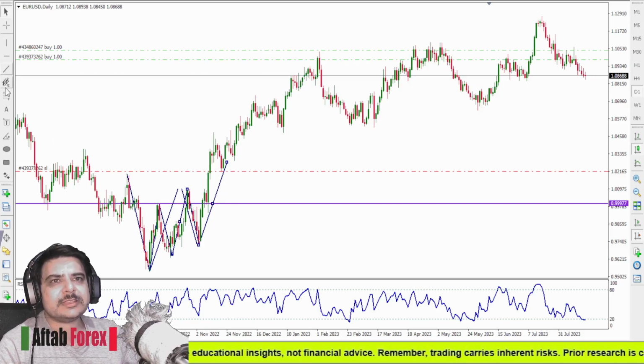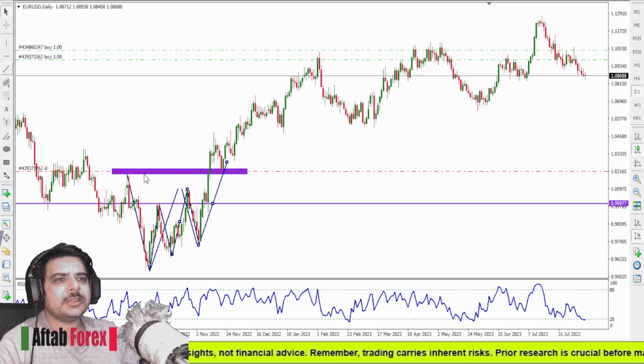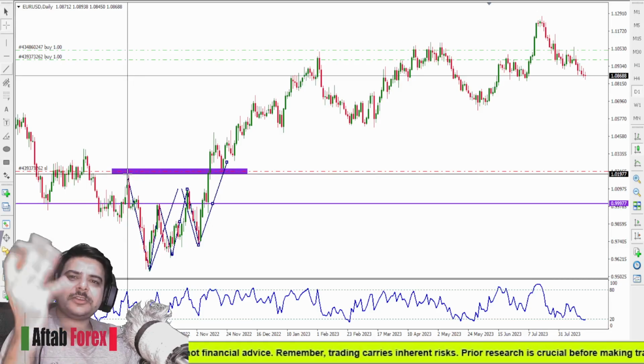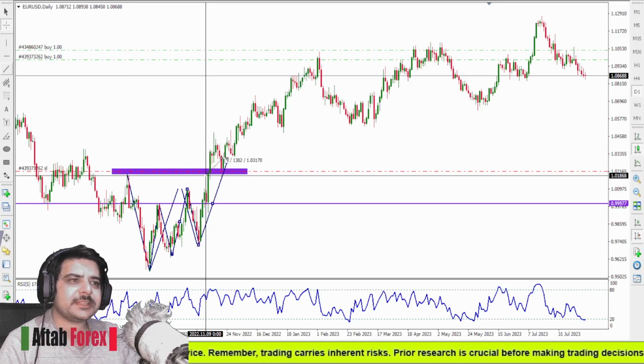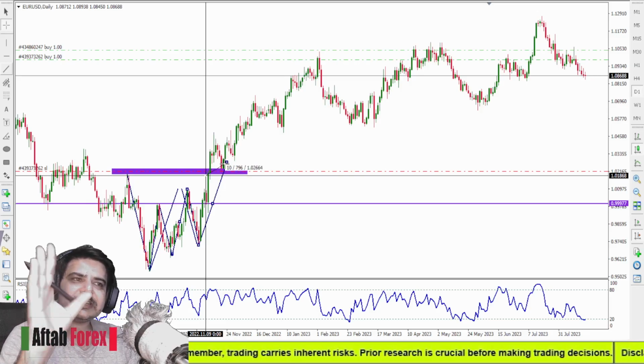And on this impulsive leg, what happened exactly was we got a break of structure, not just a break but even a proper retest.